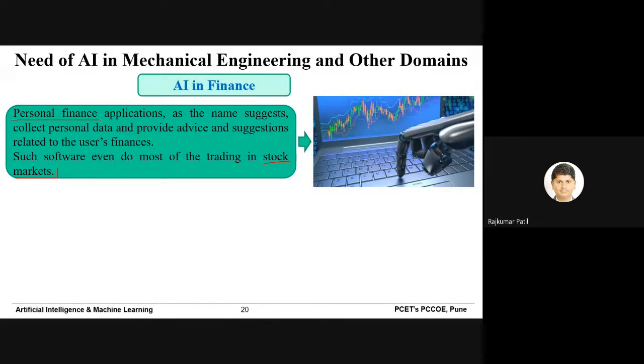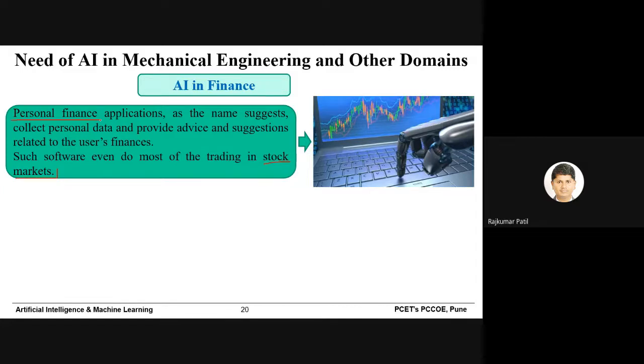Today everything is linked to your credit score, where all your track record, your financial transactions, and previous loans, whether you paid back or not, are already recorded, and based on that your credit score is calculated.